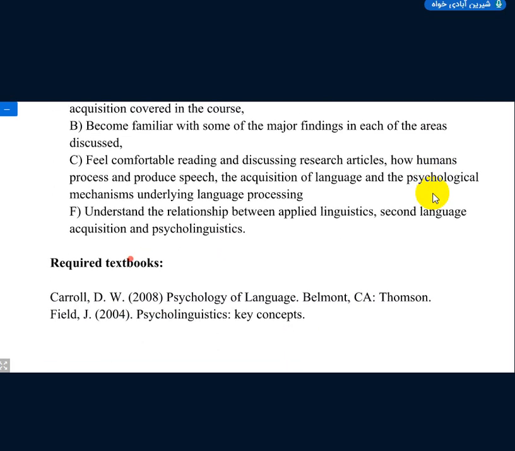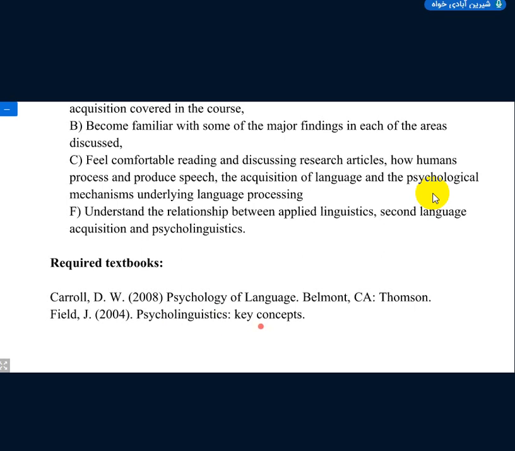The major textbook here is by Carroll. I have uploaded the PDF form of the textbook for you. Please download the textbook. Psychology of Language is the major book we are going to consider and study. And John Field also has a couple of books on psycholinguistics.